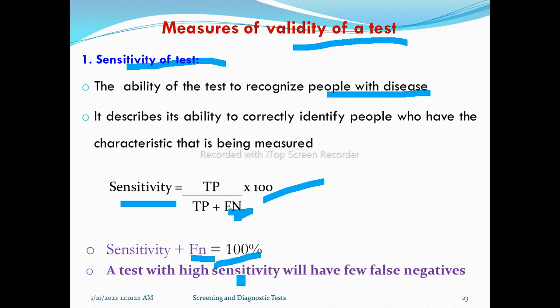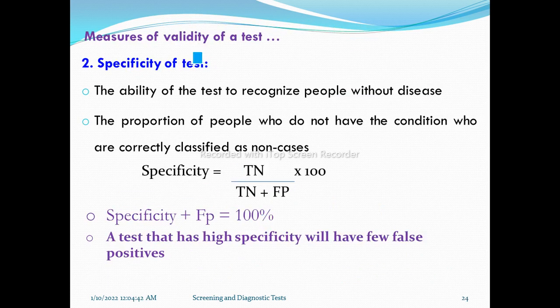The test with high sensitivity will have few false negatives. If it is high sensitivity, it will always say the person has the disease. So the calculation for sensitivity is just like this. The other is the specificity test.